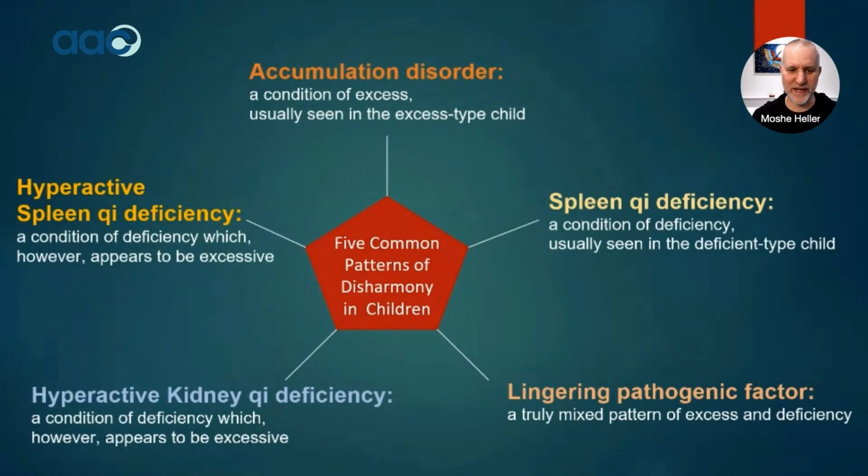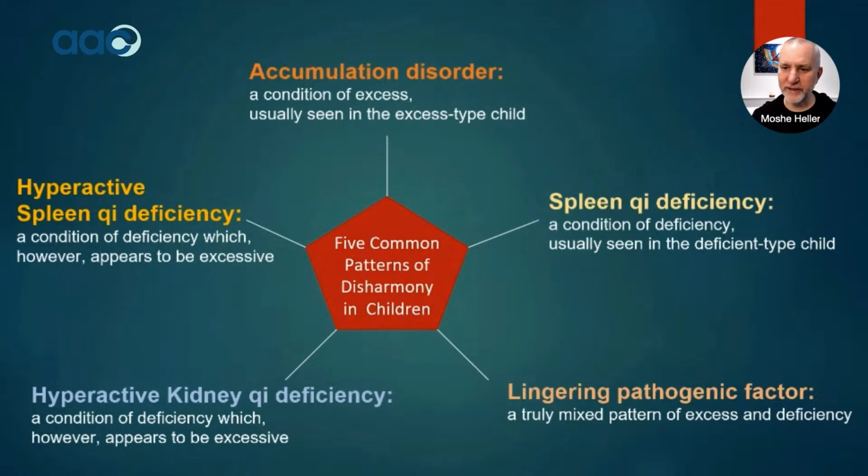The next pattern is a lingering pathogenic factor, which comes from the idea that children are more susceptible to pathogenic factors, and that these factors linger and continue to influence them further than the initial invasion.